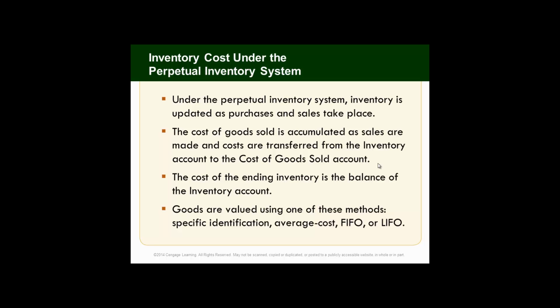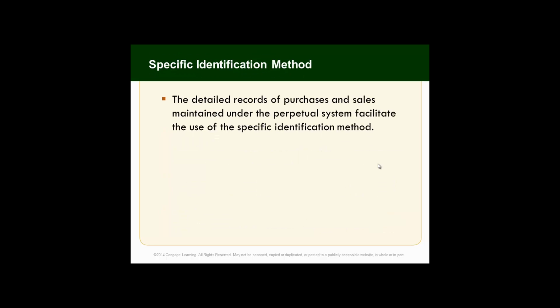So when they're taking stuff off the shelves and building different pieces and such, the inventory system might not be updated as regularly. So the cost of goods sold is accumulated in the perpetual inventory as sales are made and costs are transferred from the inventory system to the cost of goods sold account. The cost of ending inventory is the balance in the inventory account. Goods are valued in the same methods. It's just a matter of how often it is updated.